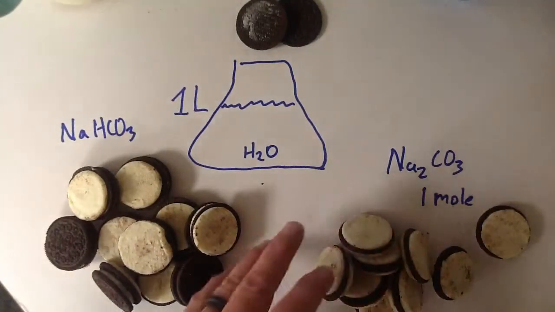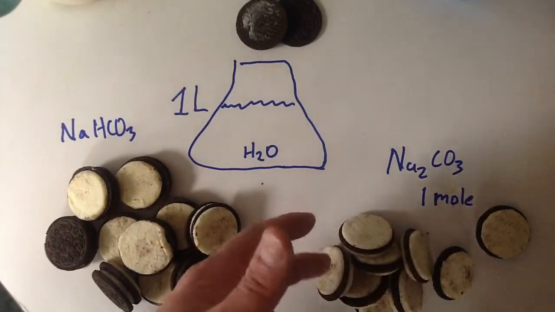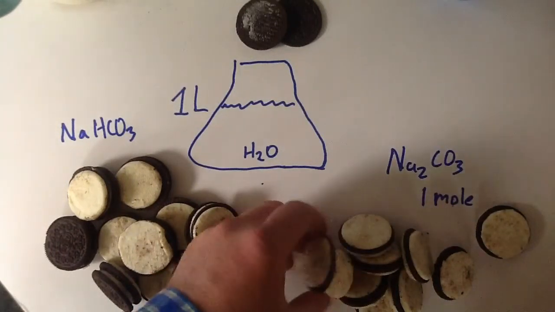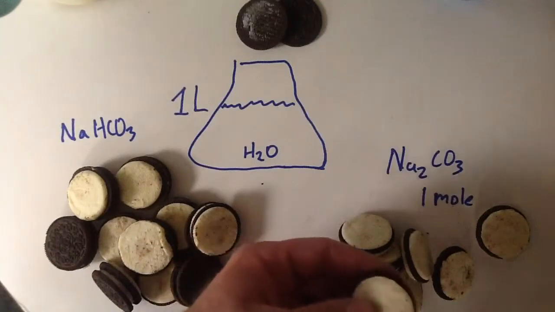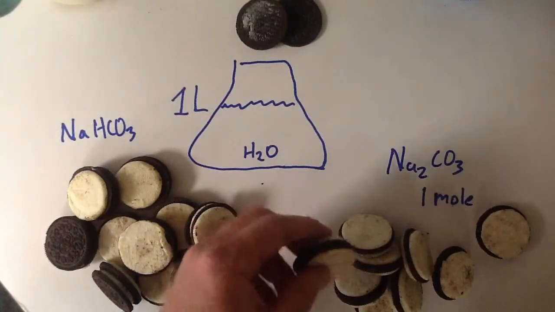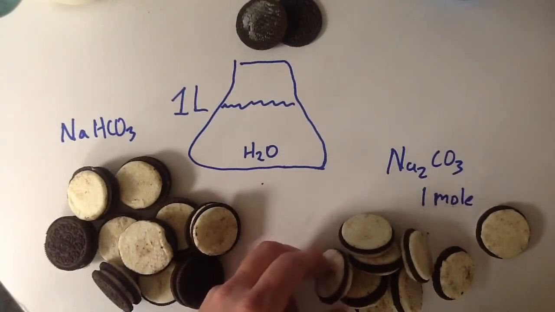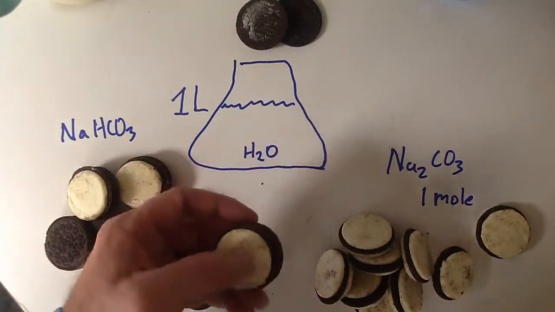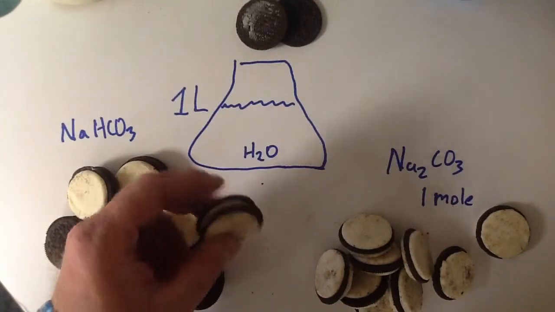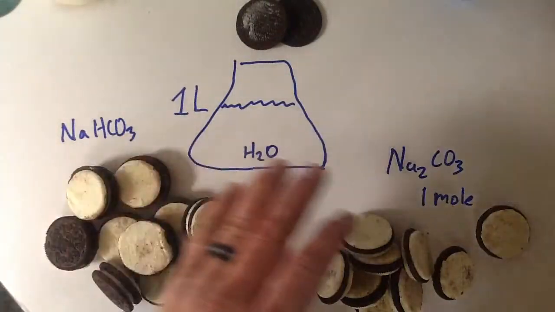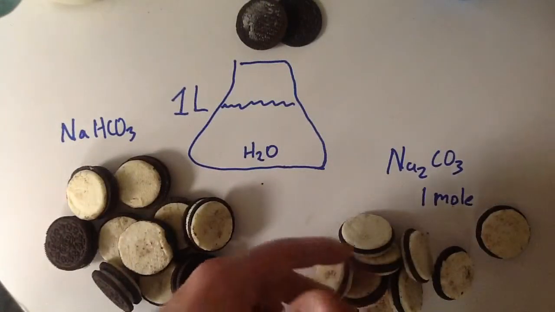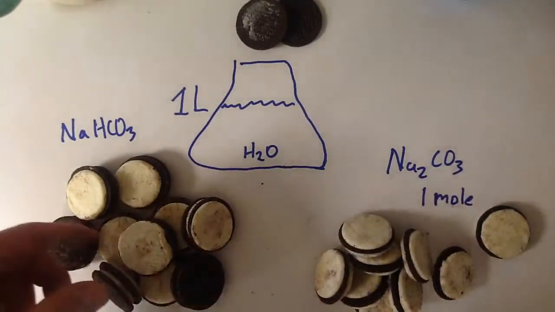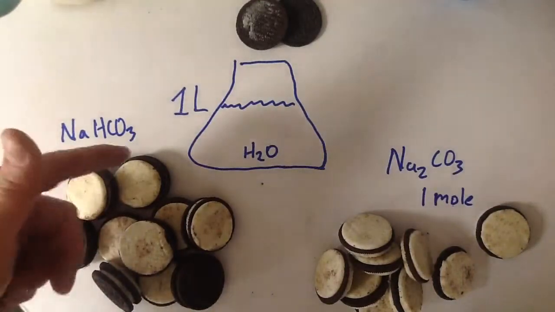We'll imagine 10, and they're going to represent 0.1 mole each. So each one of these represents 0.1 mole of carbonate, and each one of these over here represents 0.1 mole. If we had 10 and 10, 0.1 times 10 would be 1 mole, and 0.1 times 10 would be 1 mole.